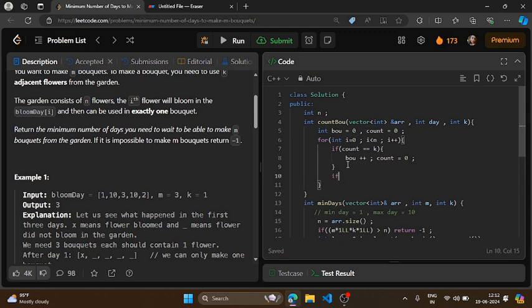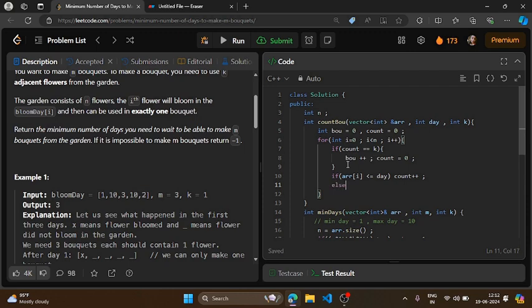Now if the bloom day of my current element is less than or equal to the current day which I am considering, definitely I can take this flower in my count, and if it is not, then I will have to keep my count as 0 because the consecutiveness has already broken.